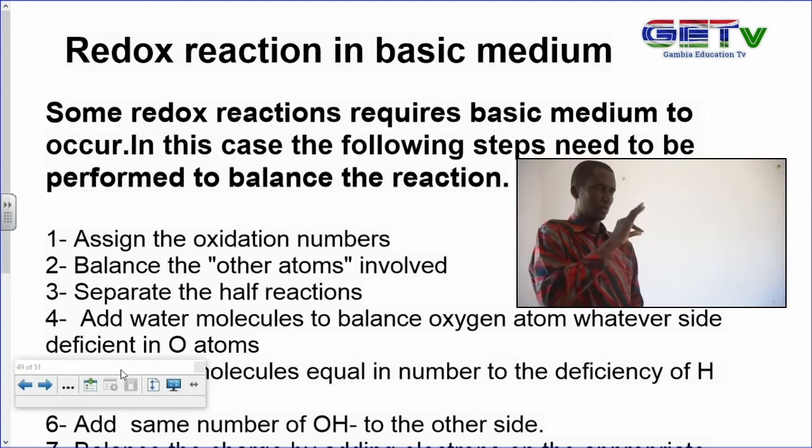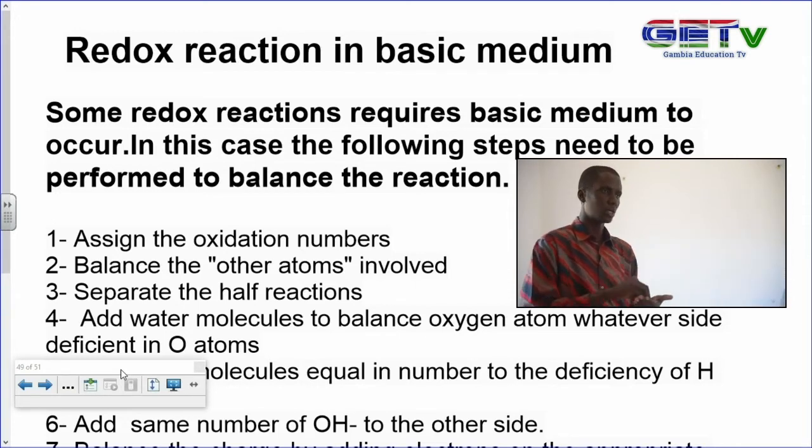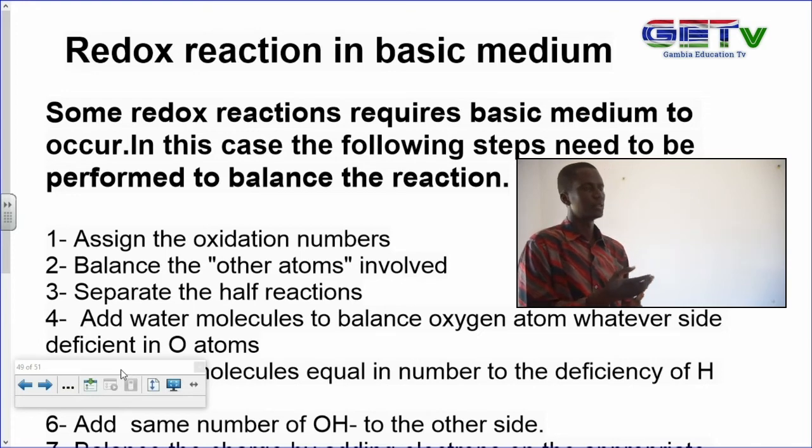Number two, balance the other atoms, just like the what? Acidic medium, and also separate the half reactions. That is, you have your reduction half reaction aside and your oxidation half reaction aside. Three, separate the half reactions. That is, you separate them into red and ox.